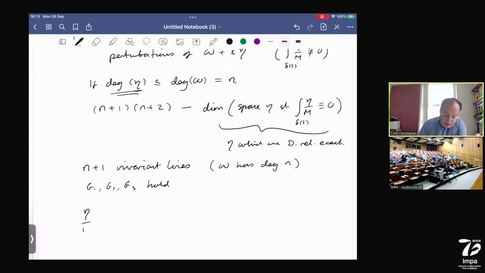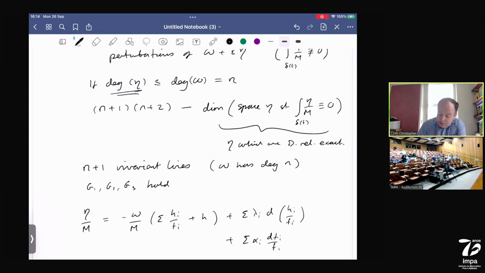So we've got eta over m, from the formulas that we've done before, is minus omega over m times the sum of hi over fi plus h plus the sum of lambda i d hi over fi plus the sum of alpha i d fi over f.